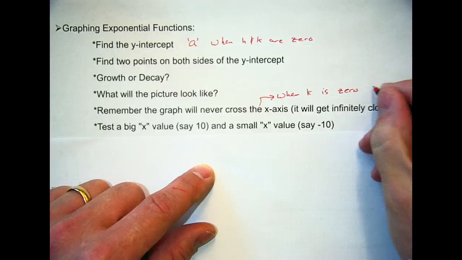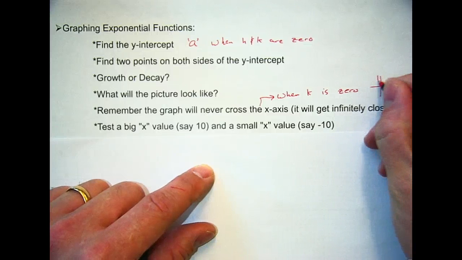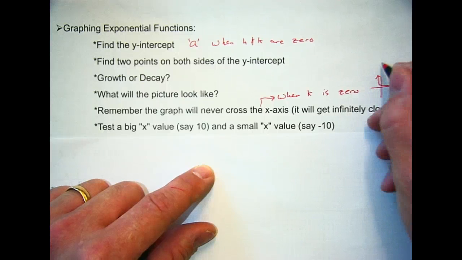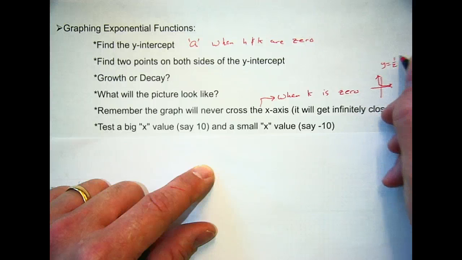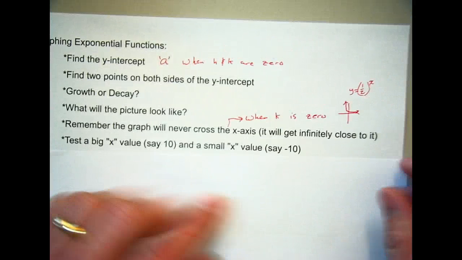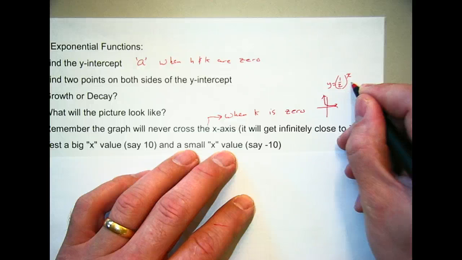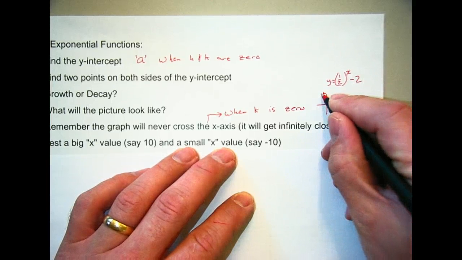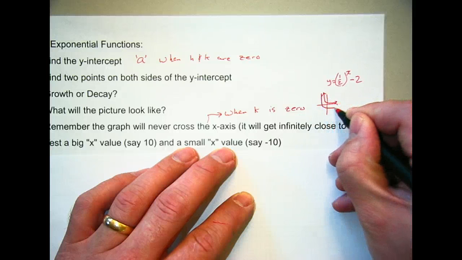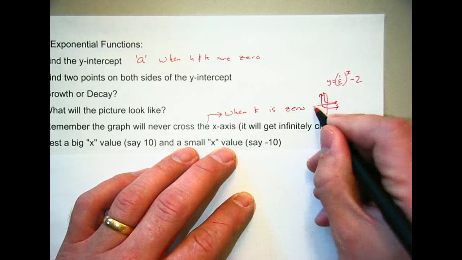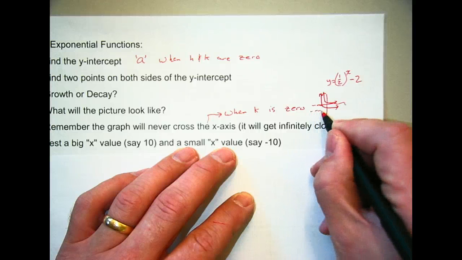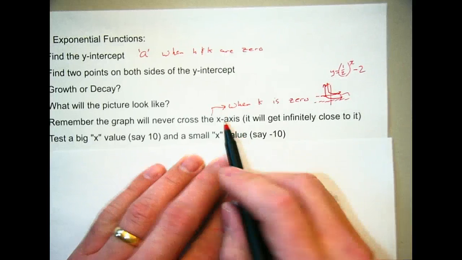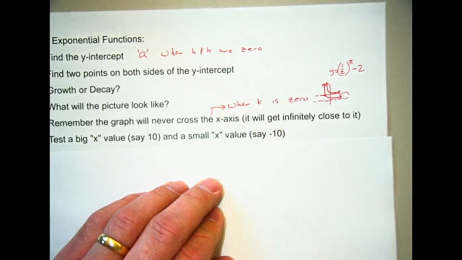But if I have a graph that doesn't cross 0, say y equals 1/2 to the power of x, and now I put -2, this graph just shifts down 2 units. So rather than not crossing 0, it now doesn't cross -2. So the side note here, once again, is when k is 0.